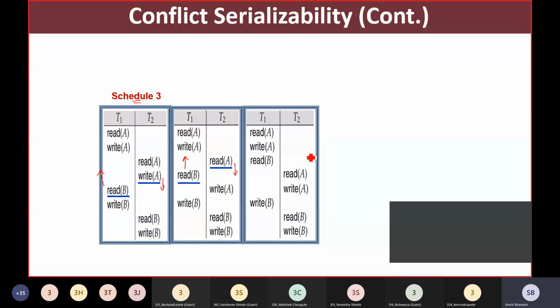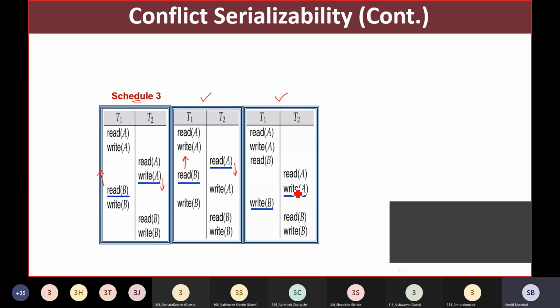After swapping these two instructions, this read B will go up and this read A will go down. So I have one more schedule which is equivalent to schedule number 3. This schedule is also conflict equivalent to schedule 3.